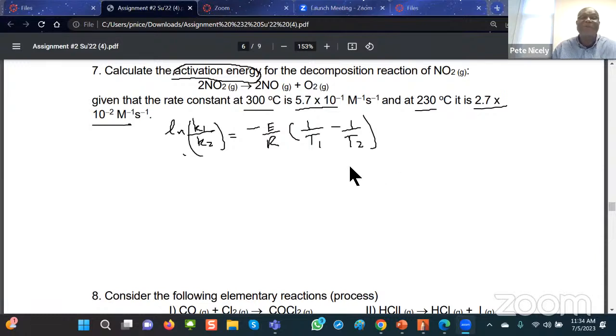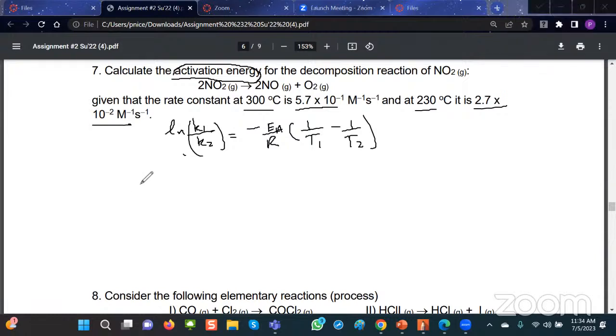Well, firstly, before we do that, how would we rearrange this equation to solve for the activation energy, EA? What would you do? Some algebra will be involved, of course. Anybody, what would you do?